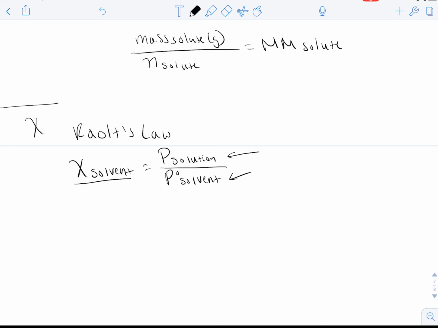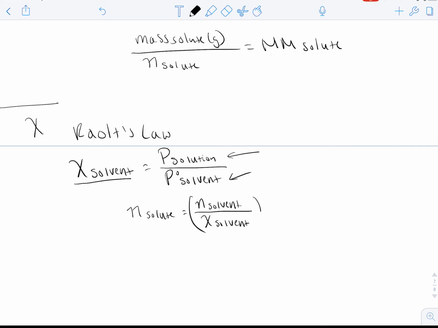After we've done that, we can solve for our solvent, and then using that idea, we can solve for our moles of our solute by taking our moles of our solvent divided by our mole fraction of our solvent. Okay?